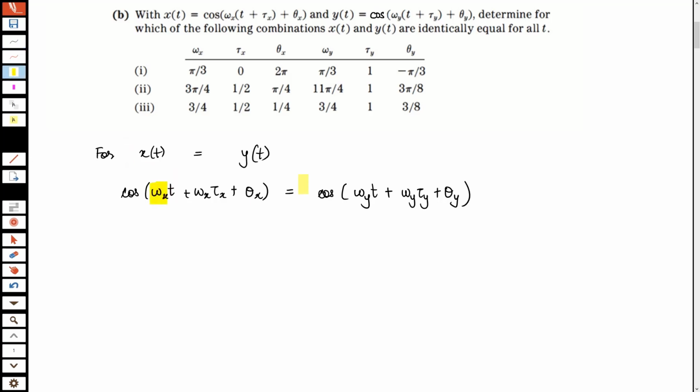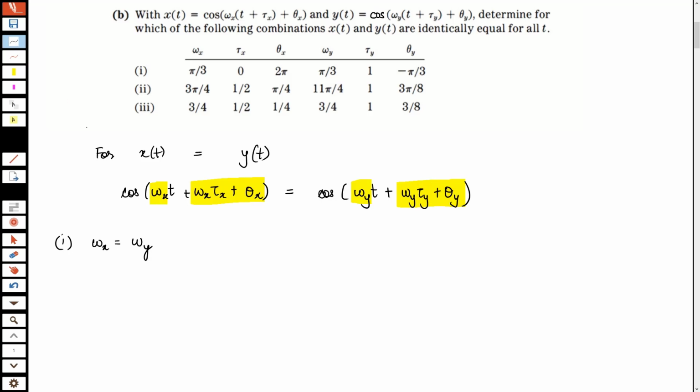It is important that their frequencies need to be equal, because for two sinusoids to be equal in any way, their frequencies have to match, right? That means omega_x has to be equal to omega_y. And it may even happen that even if two frequencies are equal, the signals are still not identical. Why? Because there is a phase difference between the two. That means for them to be identical, these phases should also be the same.